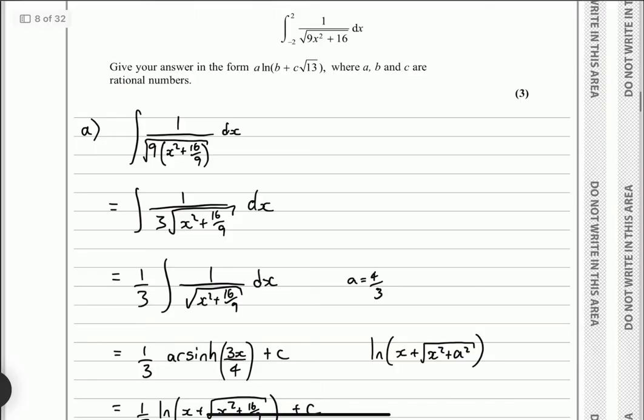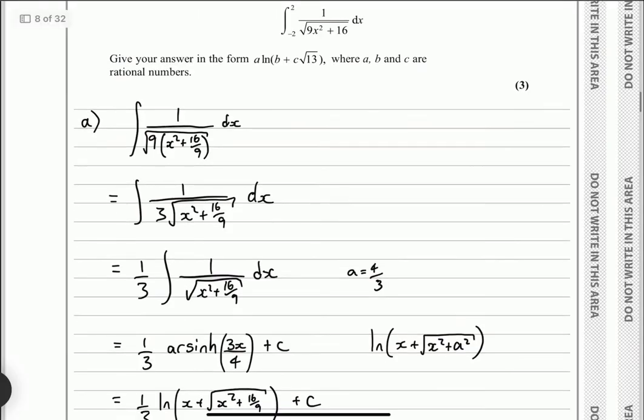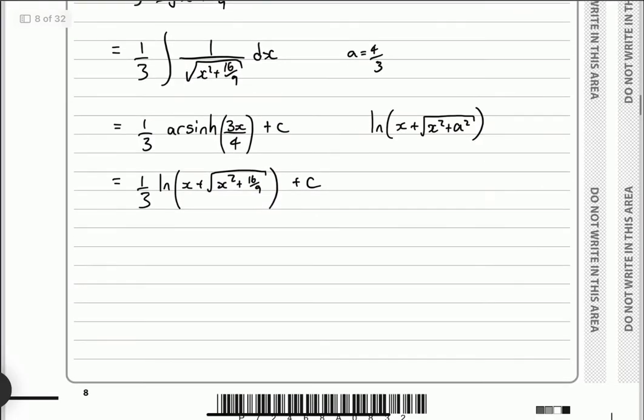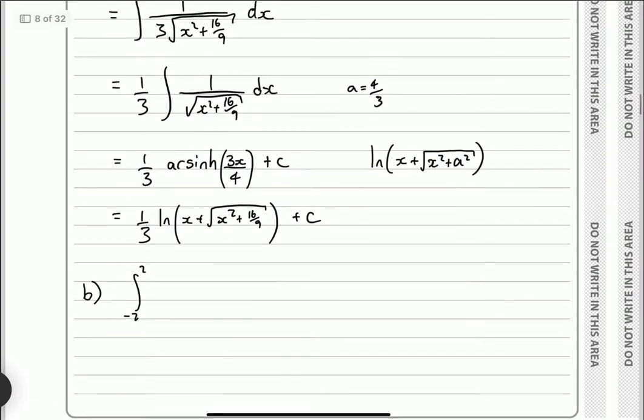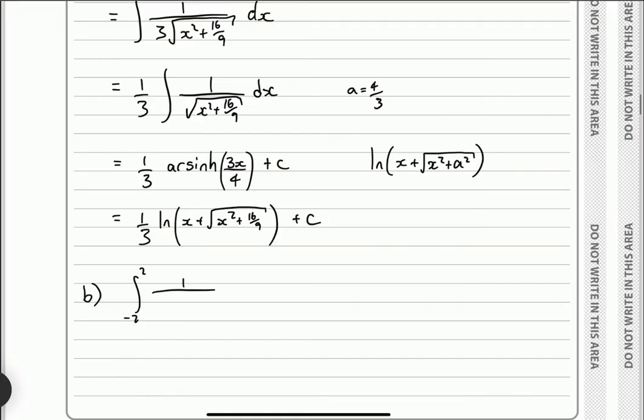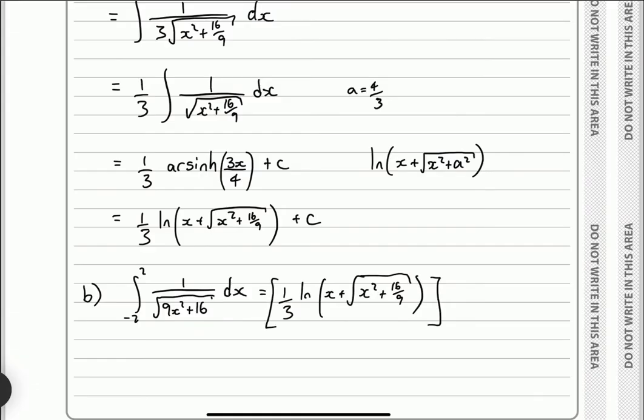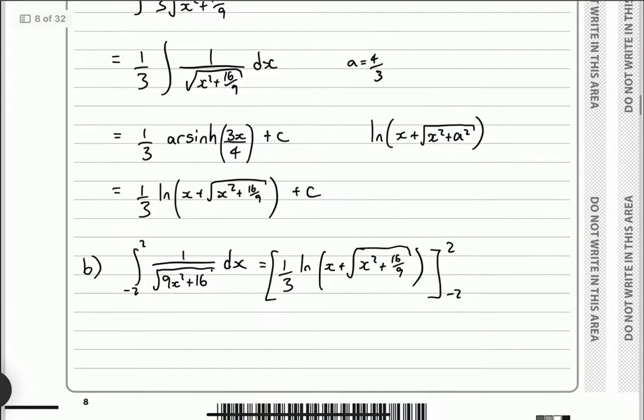Now we can evaluate it and get it in the form that they want. So we're going from minus 2 to 2 of 1 over the square root of 9x squared plus 16 is equal to 1 over 3 natural log x plus the square root of x squared plus 16 over 9, evaluated at minus 2 to 2.